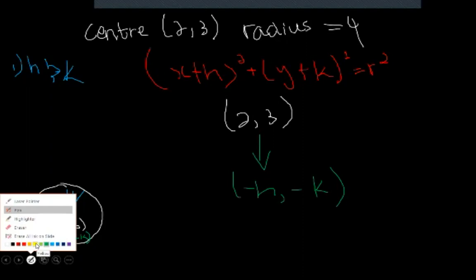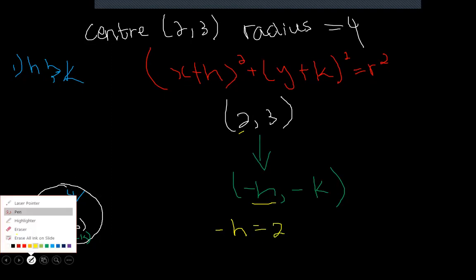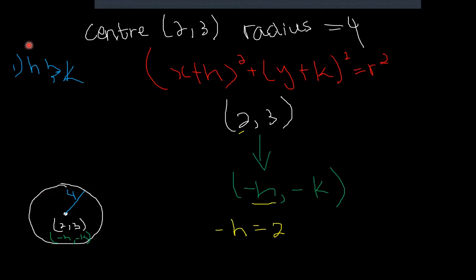That means that minus h would be equal to 2. But we don't want minus h. This step says to identify h, not minus h. So if minus h is equal to 2, what would be the value of h? -2.